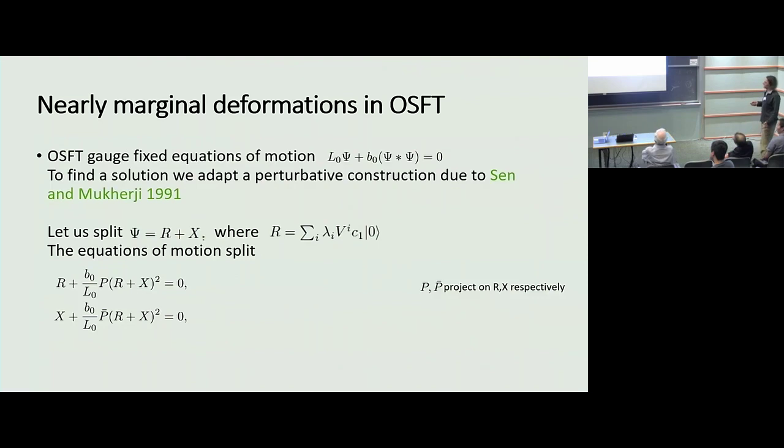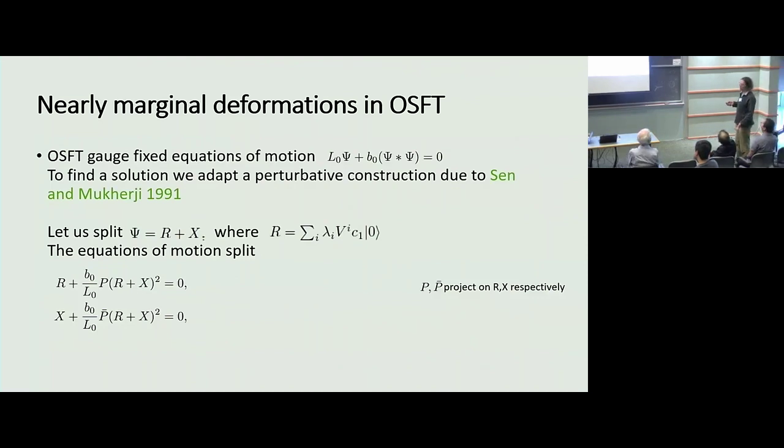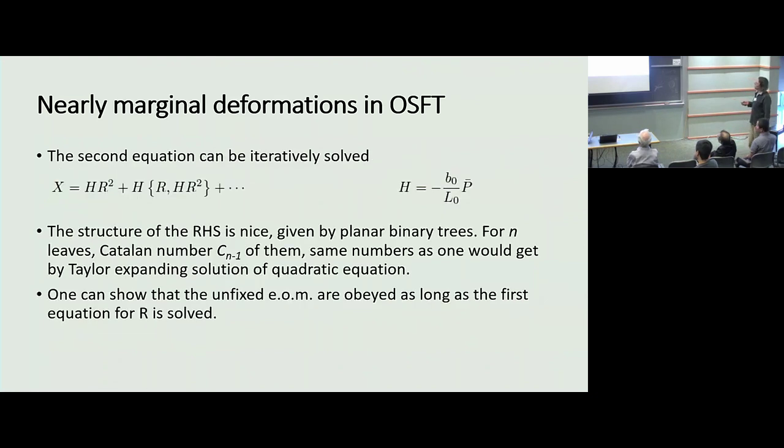If everything were just normal numbers, we would just use the formula for a quadratic equation. And if you Taylor expand it, you would get Catalan numbers in the expansion of the square root formula. They count the number of planar binary trees, and these are like the Feynman diagrams that we get here.